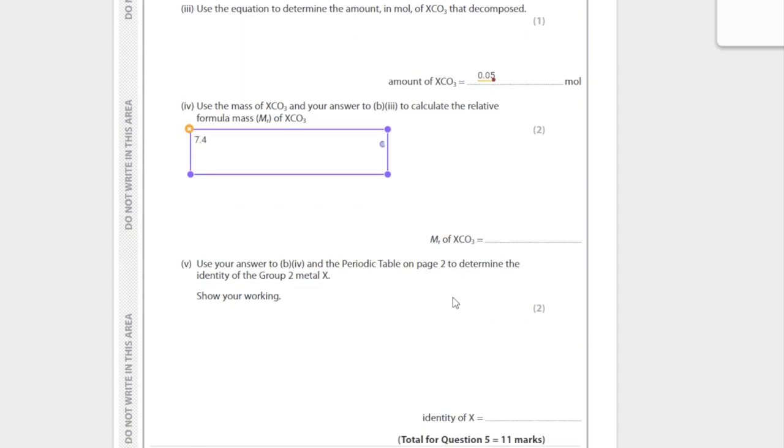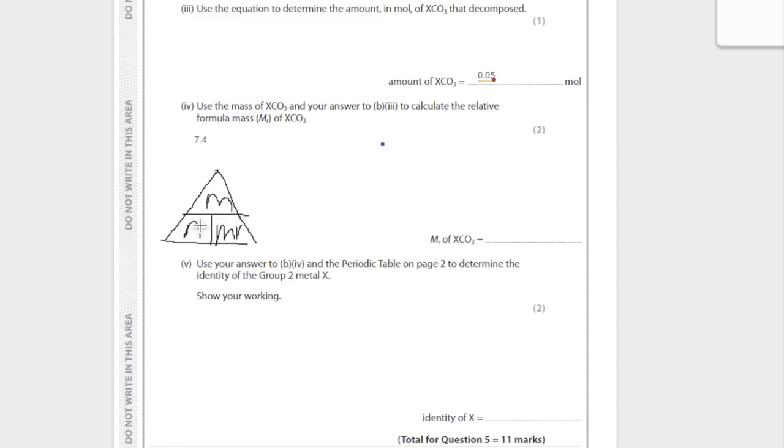Using our little triangle: moles times molar mass equals mass, mass over moles equals molar mass, and mass over molar mass equals moles.